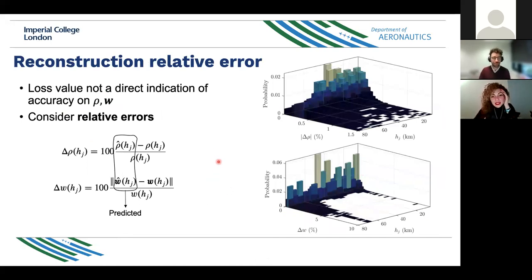Because at some point I was not sure about what you meant when you said the error increases. So the error is on these axes here, and this is just the frequency of each error value over the samples. You can't really see that well because it's all dark here. Sorry for that. No, it's okay.